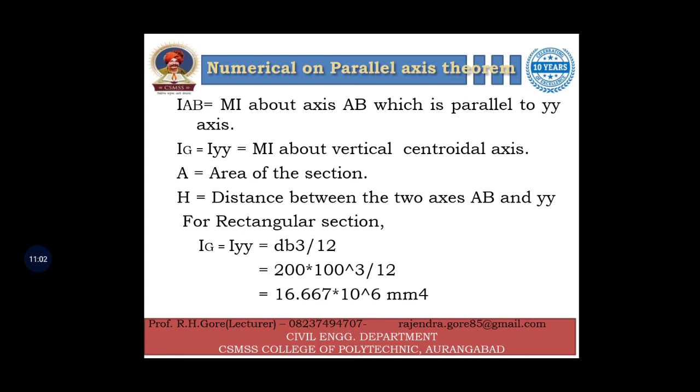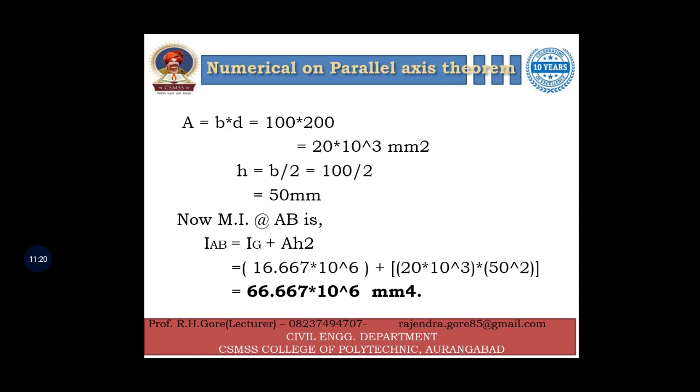So Ig is equal to Iyy is equal to D B cube by 12 for rectangular sections. This is the standard formula for moment of inertia about YY axis. So D is 200 into B is 100 cube by 12, so 16.667 into 10 to the power 6 mm power 4. Cross sectional area 100 into 200, so 20 into 10 to the power 3. And H is equal to B by 2, so 100 by 2 is 50 mm.